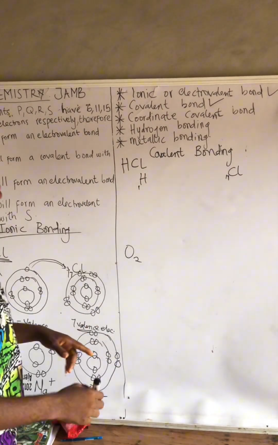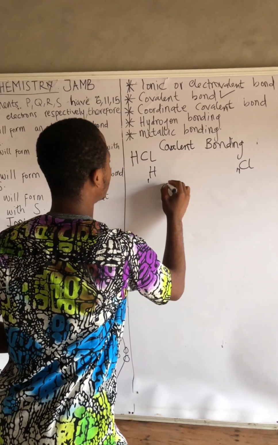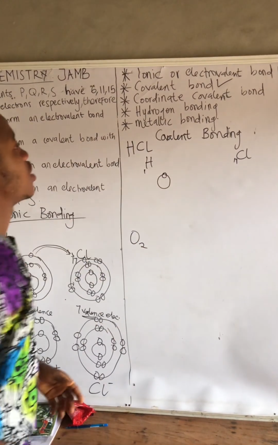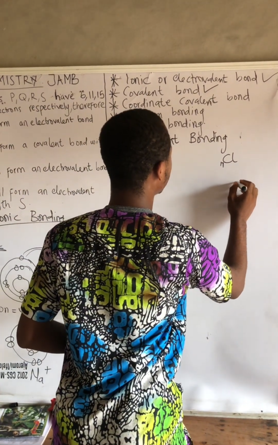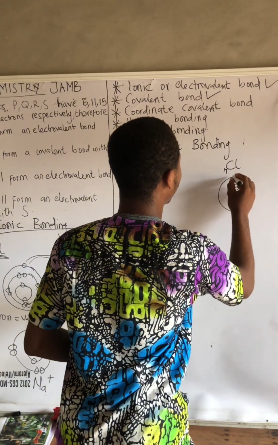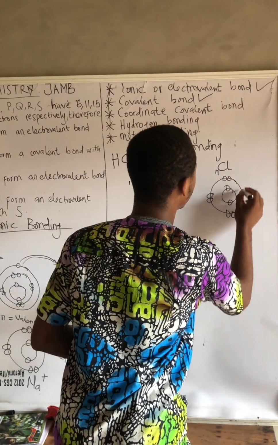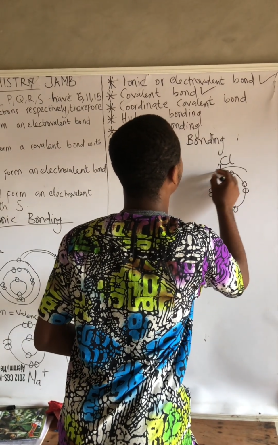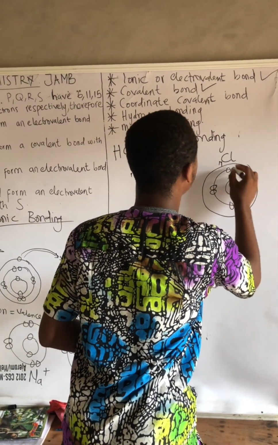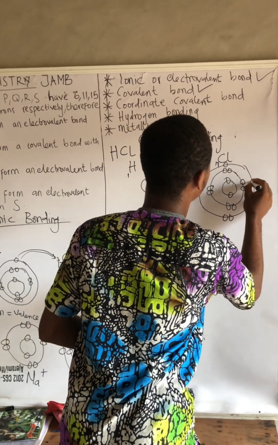So now let us draw the diagrammatic electronic configuration. Hydrogen only has 1 electron. For chlorine, it has this. I think this is the best way I can explain this because it is very simple for anybody to understand. The last shell has 7 electrons.